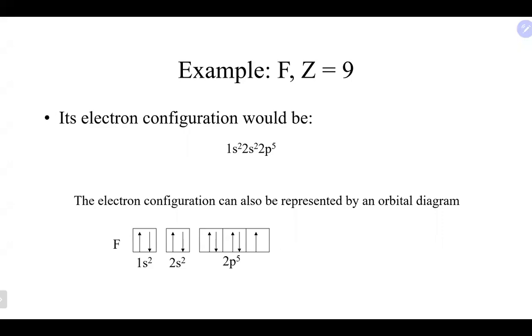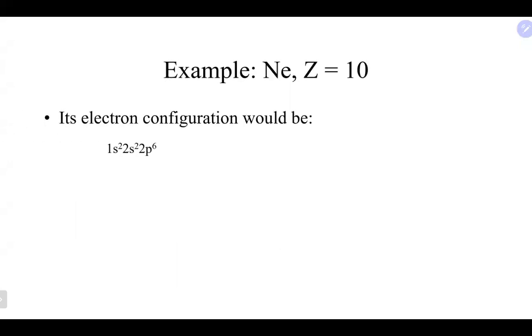And obviously that will happen when we go one more over on the periodic table to neon, which is 10. And that will fill up our 2p subshell. So let's take a look at that one there. At neon, we end up with a configuration of 1s2, 2s2, 2p6.